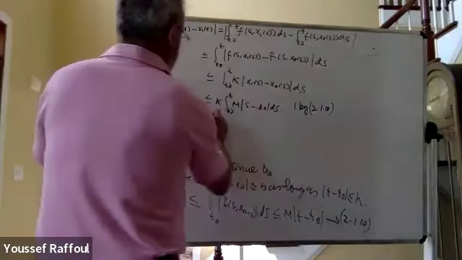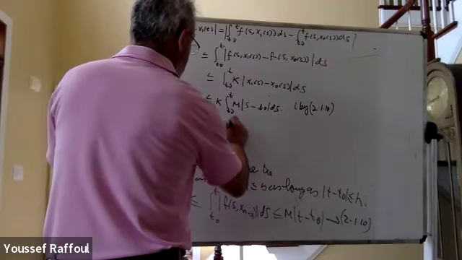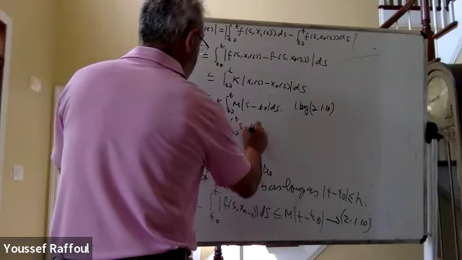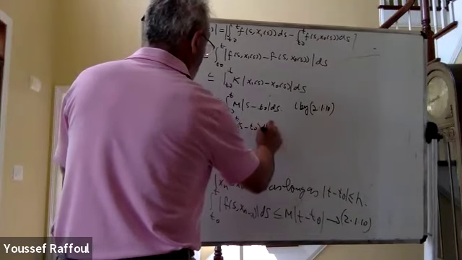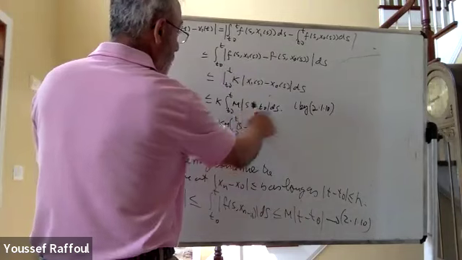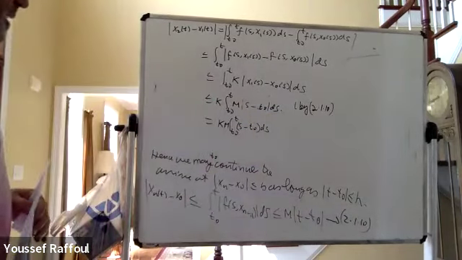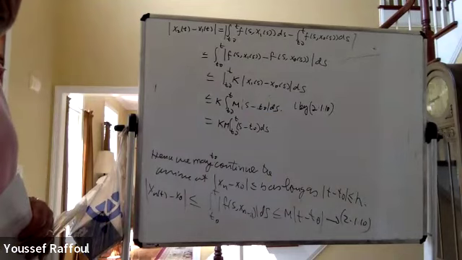Now, this is the same as the integral of m(s minus t naught) ds. Why? Because s is between t naught and t, so this is a non-negative number, and I can drop the absolute value.